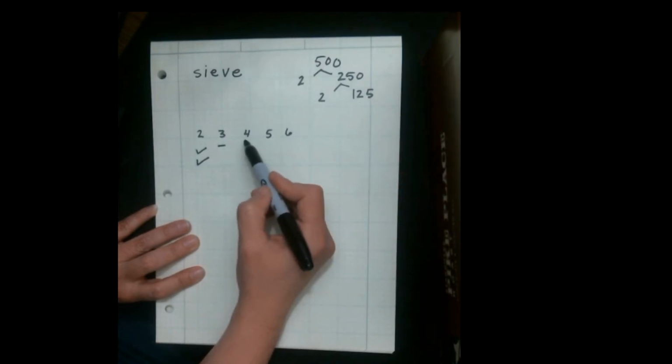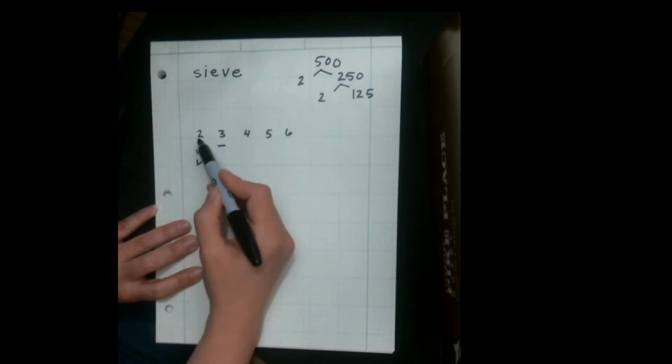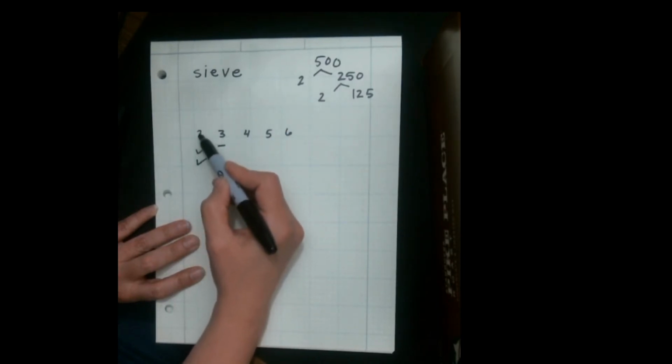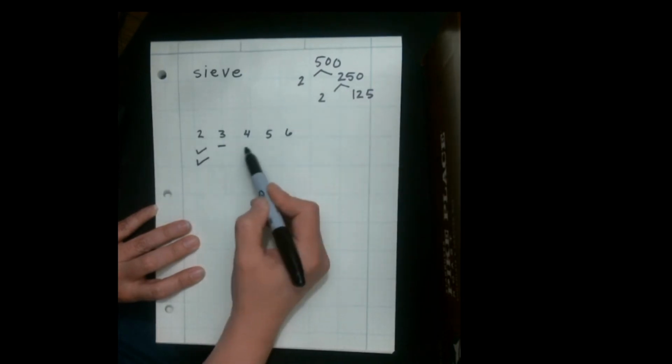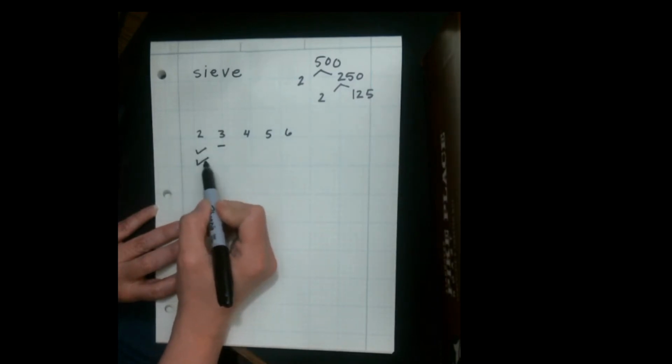And the reason is because I have already divided 500 by 2 two times. 2 times 2 is 4, and I already divided 4 out of the number. So by the time I get to 4, my number isn't divisible by 4 because I've already divided the number by 2 as many times as I can.